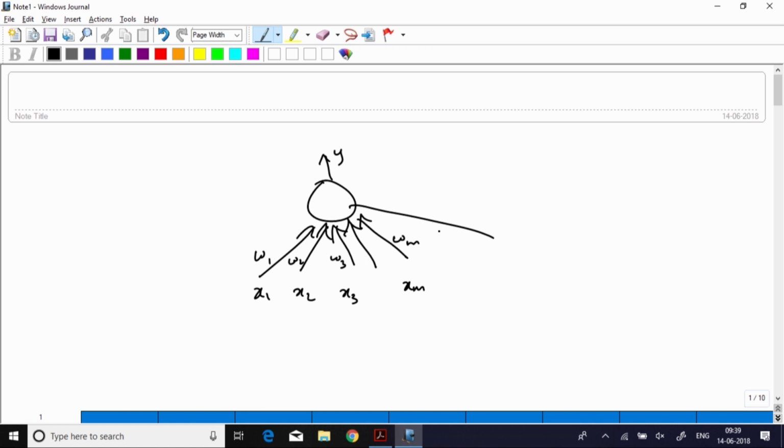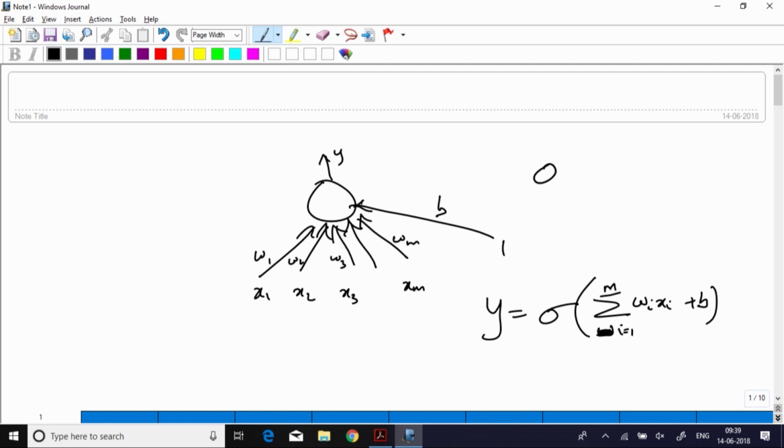And then you have one bias. So if I want to write the output as a function of the input, then y is equal to sigmoid of summation wi xi plus b, with i equal to 1 to m.